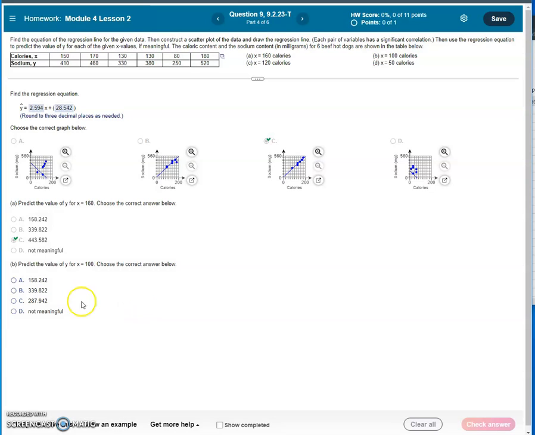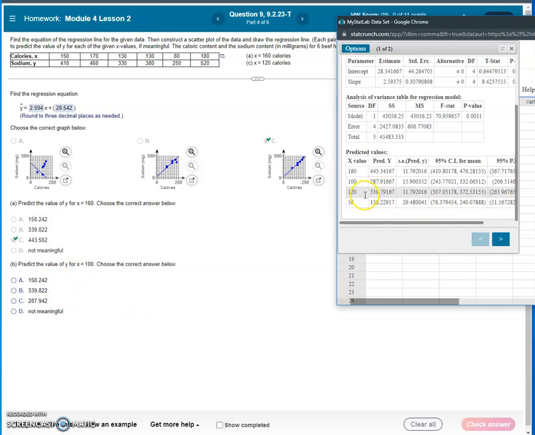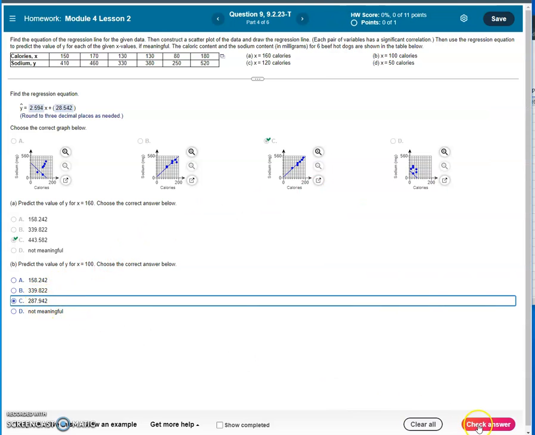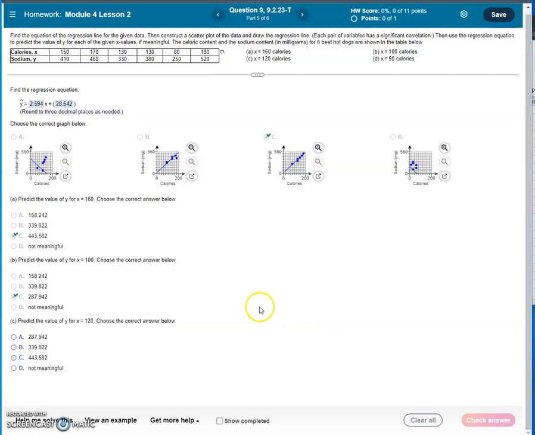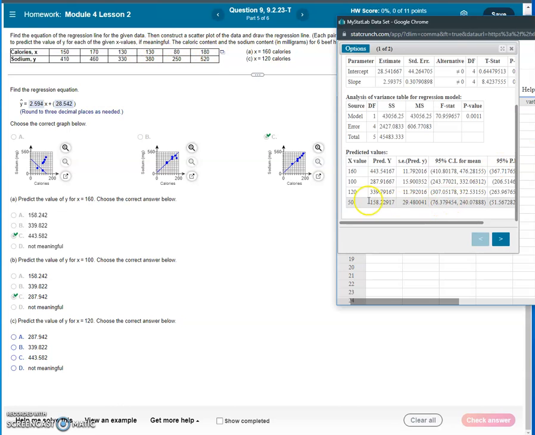All right, let's see what we have here. X equal 100. That was 287. Next one is 120. 120 is between our limits, so 120 is 339.